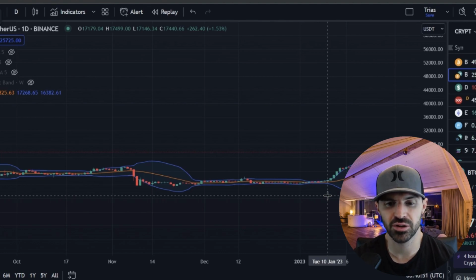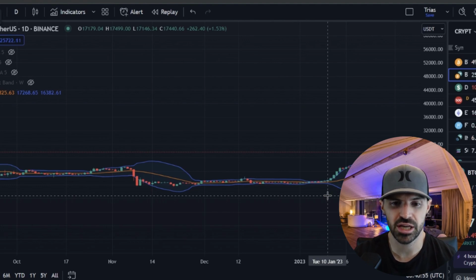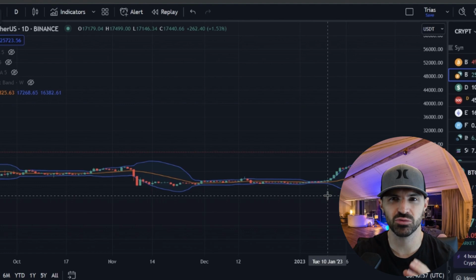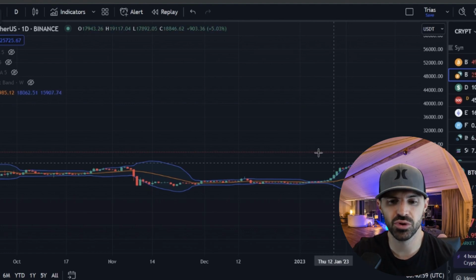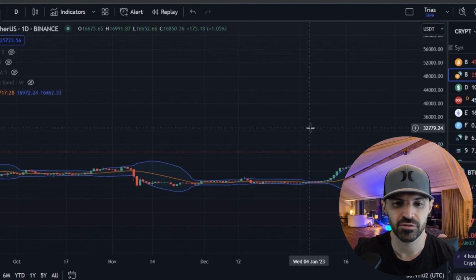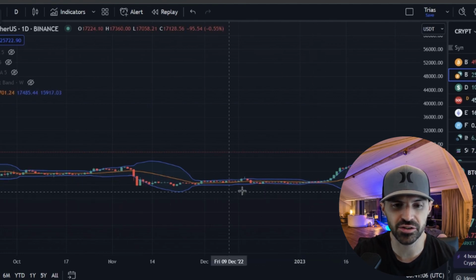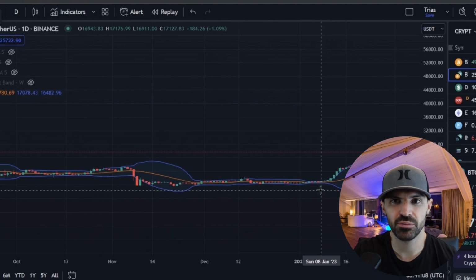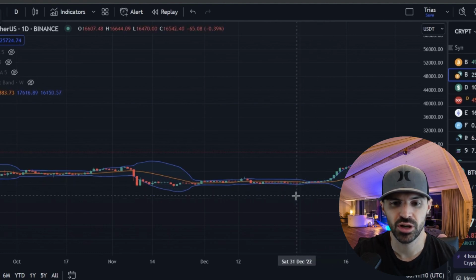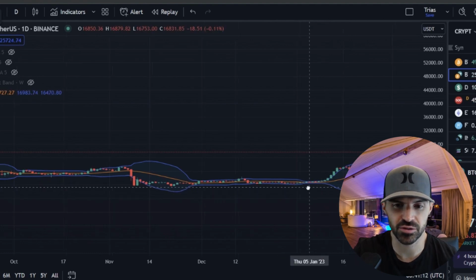Now, it's not going to tell you which direction the price is going to move, but if you see the Bollinger Band squeezing really tight, then you know that volatility will come back in the market. And the tighter and the longer they squeeze for, that normally corresponds to a bigger move is going to happen.